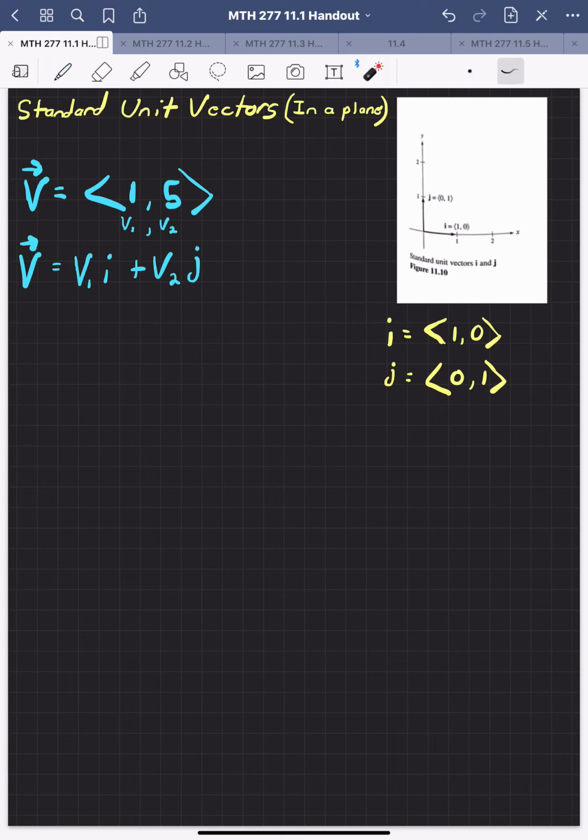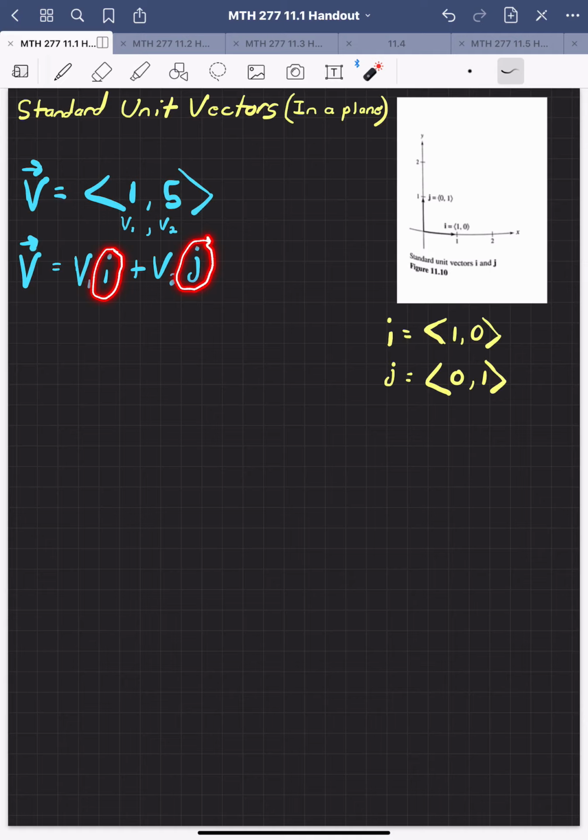But now, what is this i? What is this j? Here's what's important. These are what we think of as basis vectors. In other words, these two vectors, this i and this j, they are actual vectors.